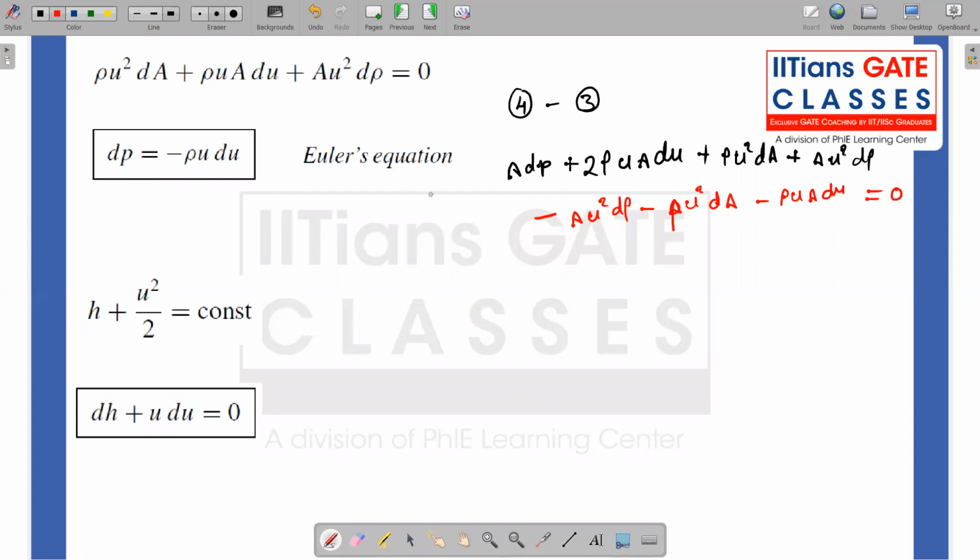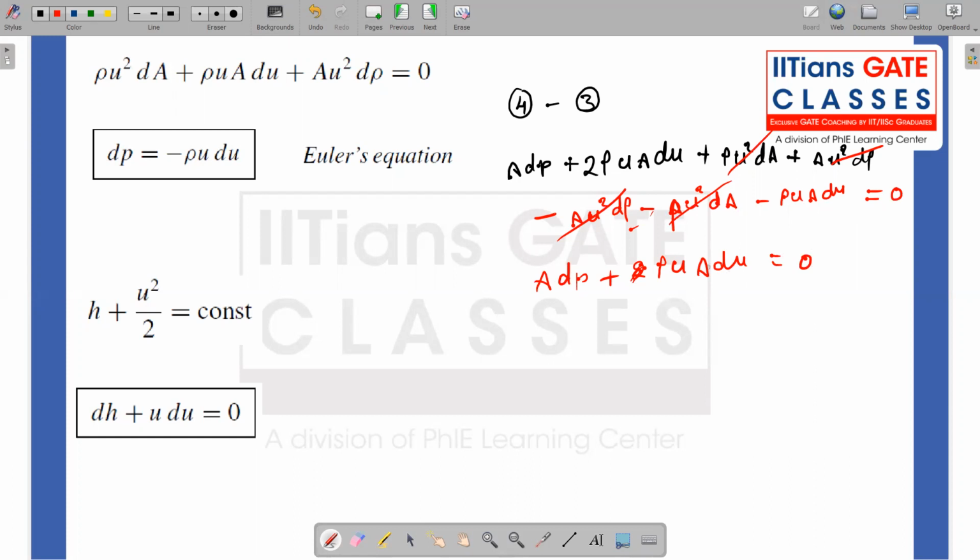So now you see here, A u square d rho cancels out. Rho u square dA cancels out. I have 2 times rho u A du minus rho u A du. That leads to A dP plus, 2 minus 1 is 1, rho u A du equal to 0.